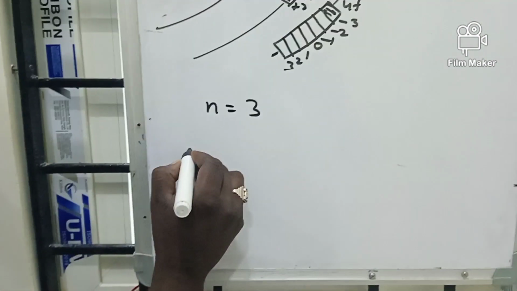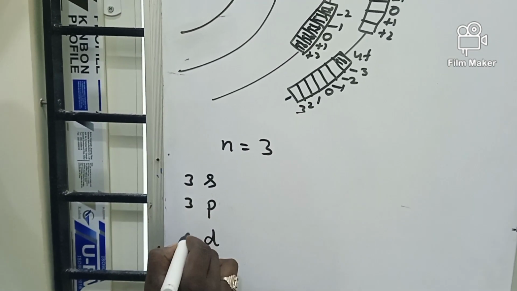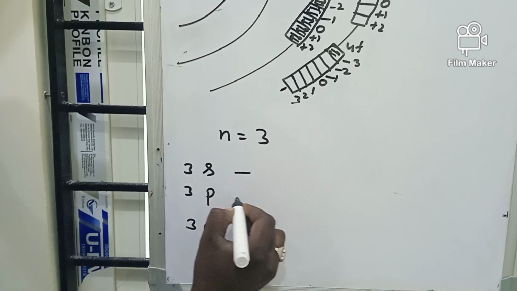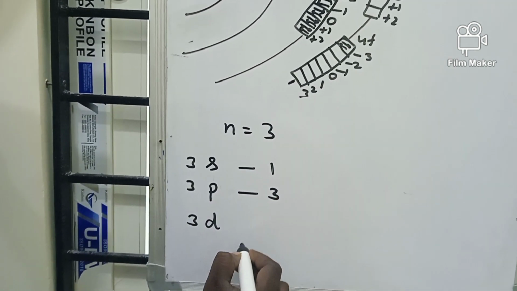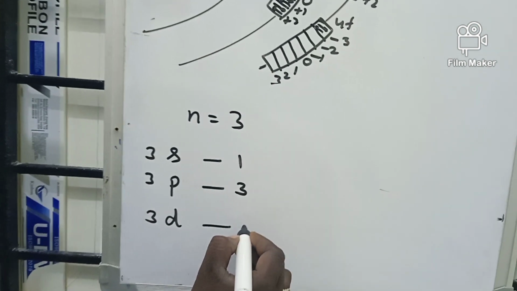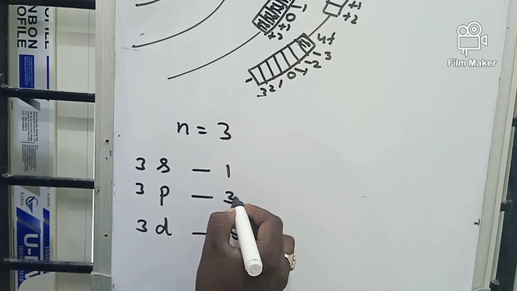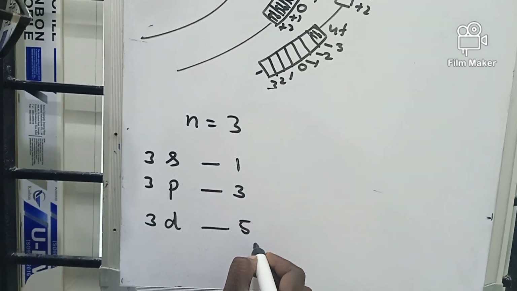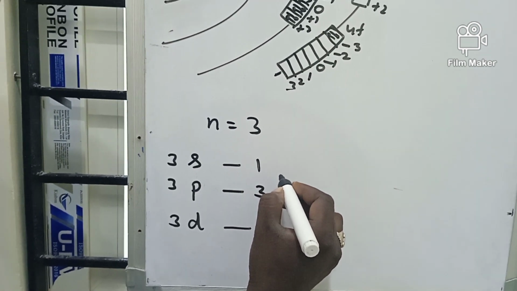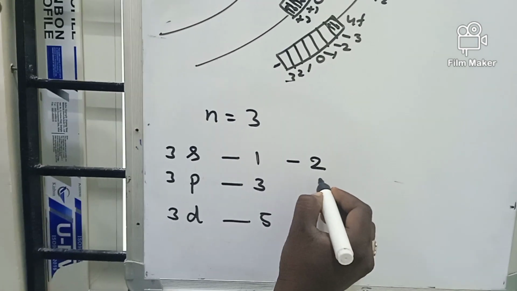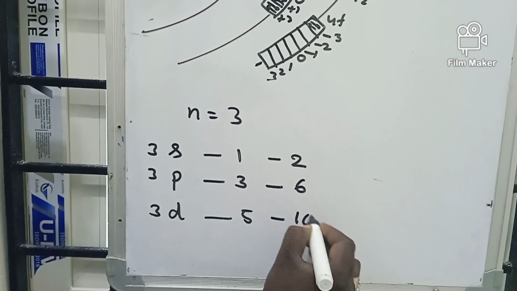In n equal to 3, s orbital, p orbital, d orbital are there: 3s, 3p, 3d. 3s is only one subshell with 1 orbital, in 3p 3 orbitals are there, in 3d 5 orbitals are there. In one orbital only 2 electrons, in 3 orbitals 6 electrons, in 5 orbitals 10 electrons will be there.